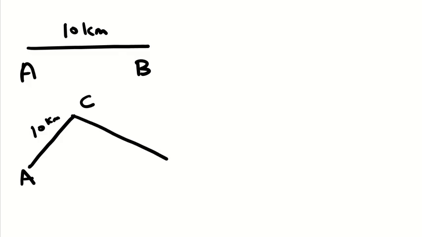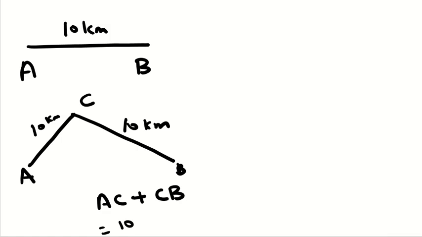Then he goes from point C to B, which is again a distance of 10 kilometer. So the total distance traveled while moving from A to B is A to C added to the distance traveled from C to B, which is 10 kilometer plus 10 kilometer. That will be 20 kilometer, right?